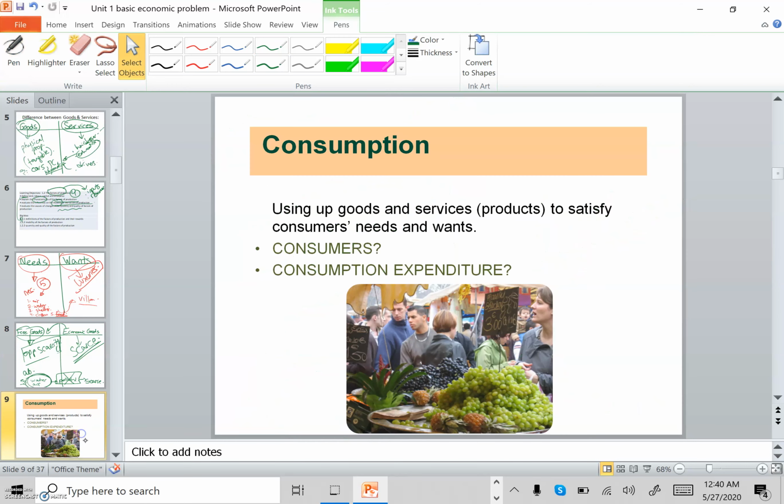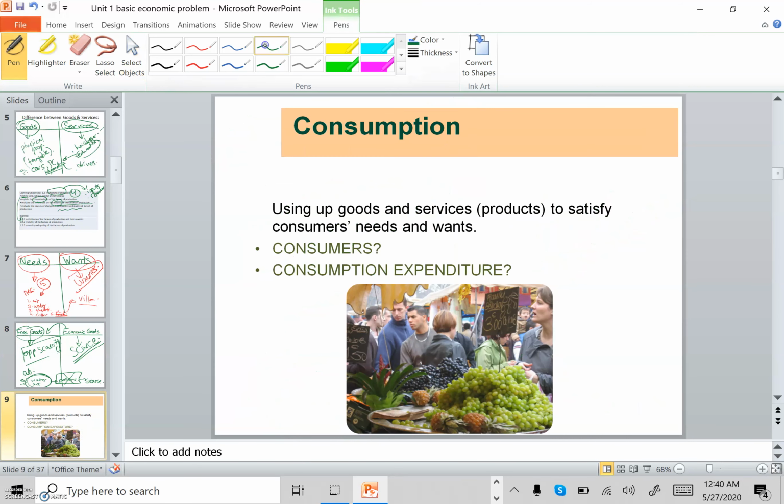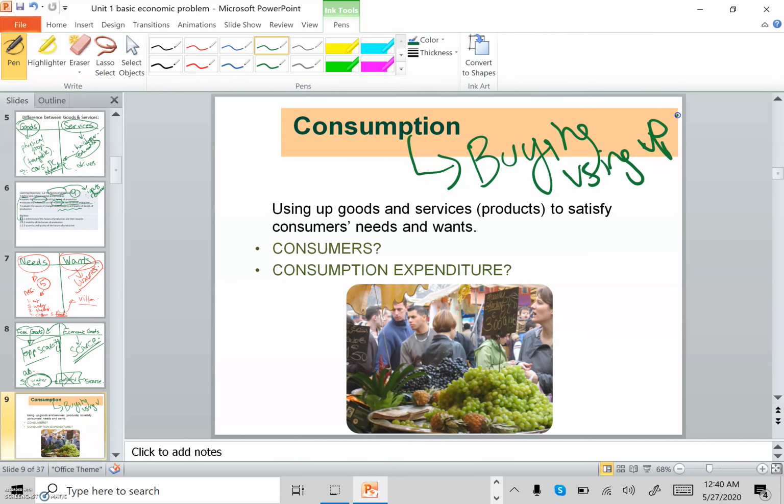Okay, what is consumption? Consumption would be buying or using up goods and services. Remember when we explained production before? Producers are manufacturing goods and services for the consumers to buy.